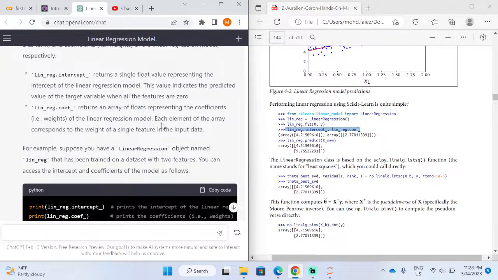Each element of the array corresponds to the weight of a single feature in the input data. So this produces only one value, 2.770.